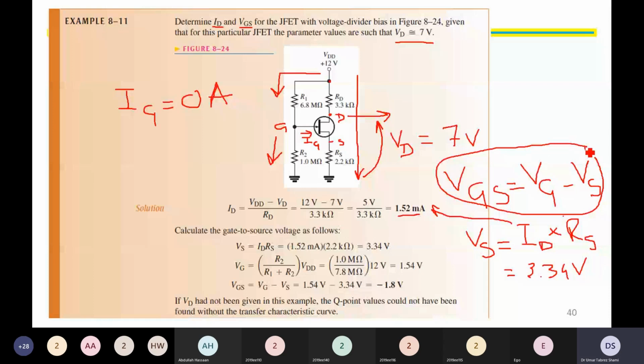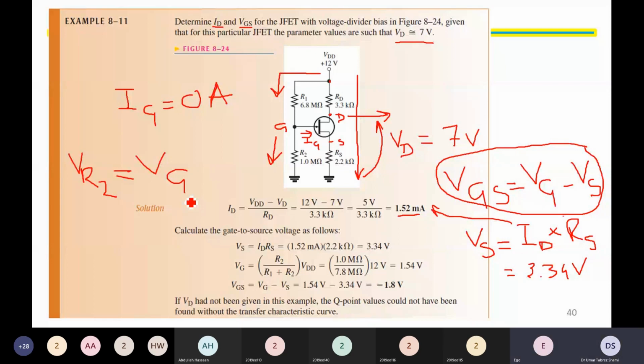Whatever the voltage across R2, VR2, it is equal to VG. Is this statement correct? VR2 is equal to VG. Yes, sir.